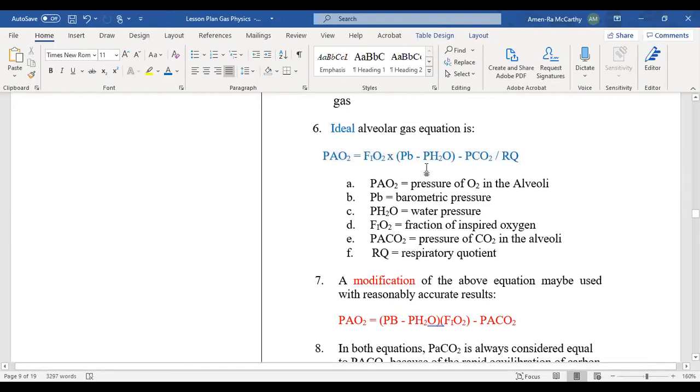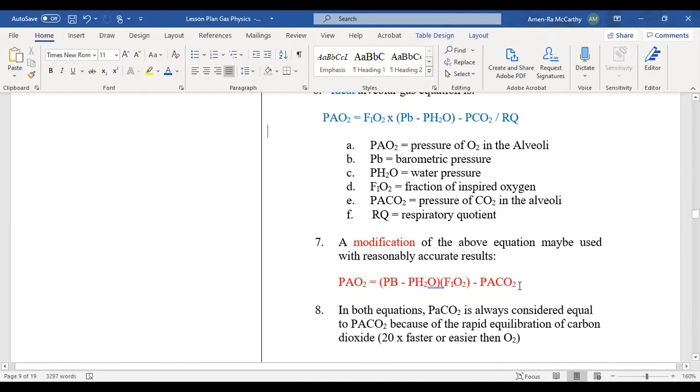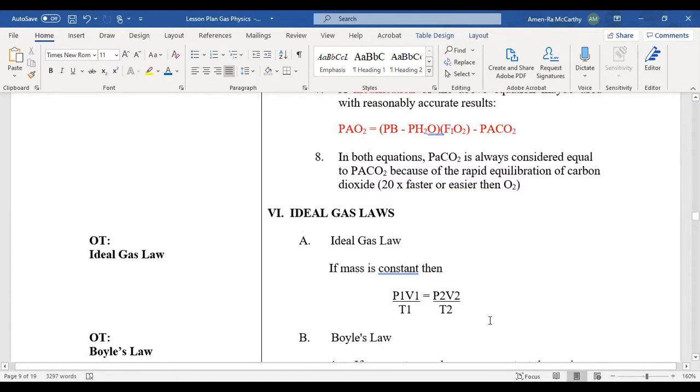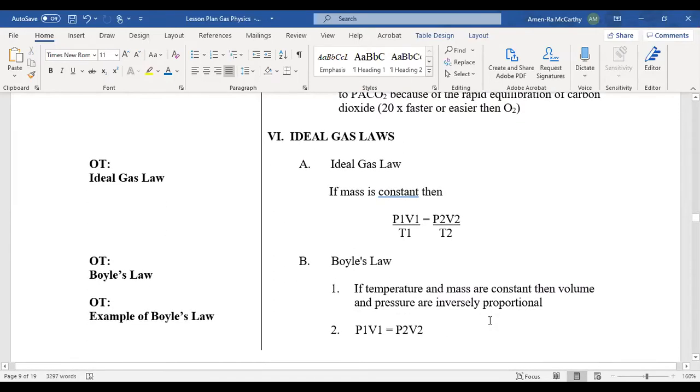This is the ideal one you've learned, but you can leave off the RQ, and it's considered to be a modification of it, and that's that one there. And that's simply the alveolar air equation, how we got it.